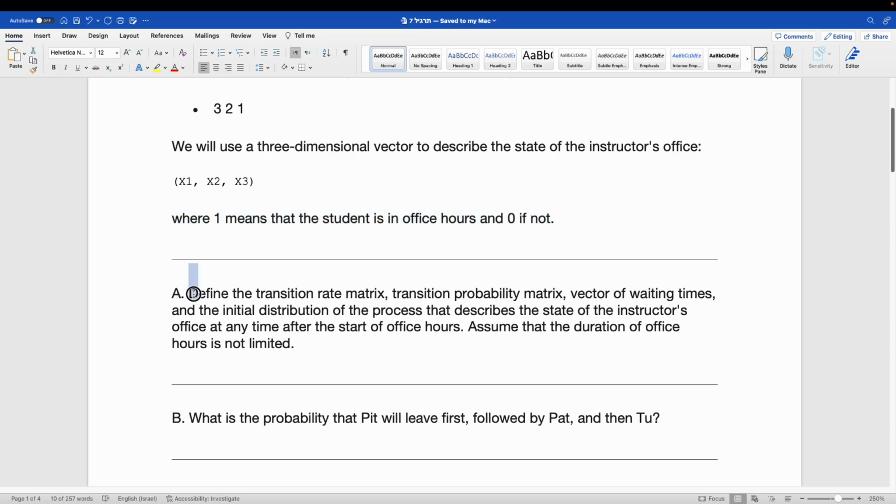First of all, we want to define the transition rate matrix, the transition probability matrix, and the vector of waiting times, and the initial distribution of the process that describes the states of the instructor's office at any time after the start of an office hour. Assume that the duration of an office hour is not limited.